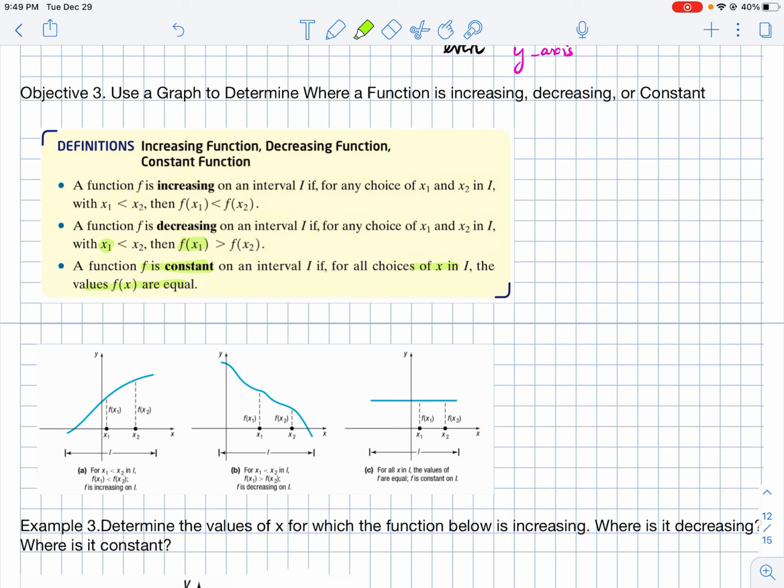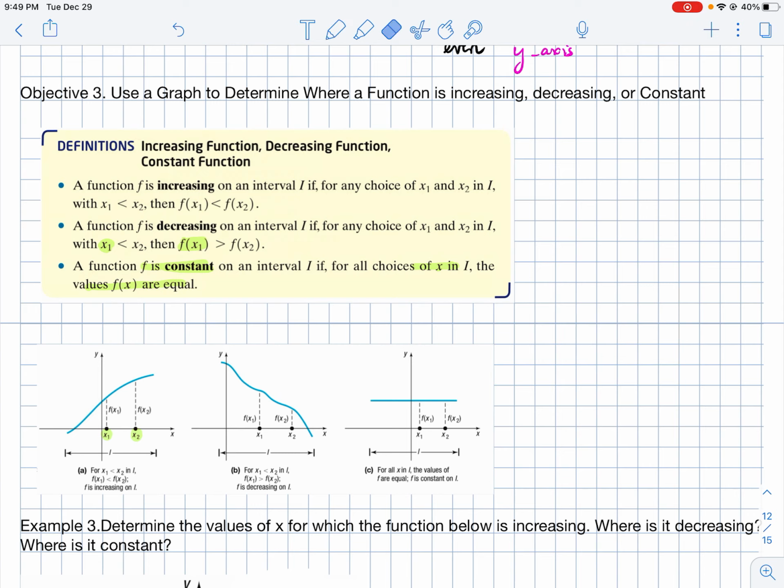For the first one, look at x1 and x2. The way they put x1 and x2 like this, they mean x1 is smaller because x1 is on the left side. For example, if you look at the number line, you see 0 right here and you see 5 right here. 0 is on the left side, 5 is on the right side.